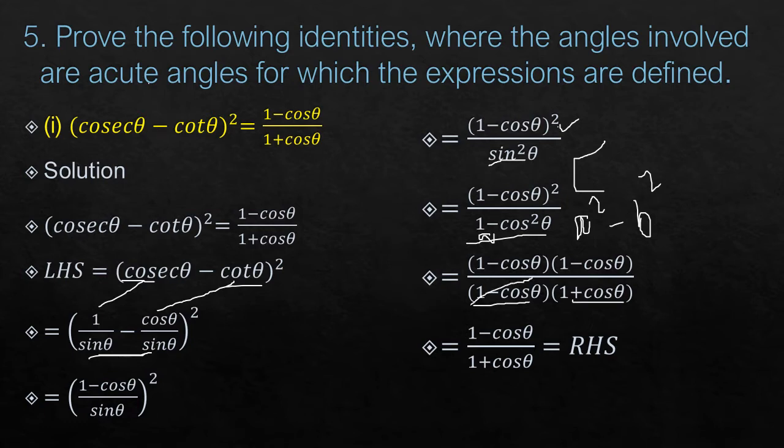So 1 minus cos theta and 1 minus cos theta cancel down. So you get what you need, that is (1 minus cos theta) upon (1 plus cos theta), which is equal to your RHS. Right, students? So in the last you can write LHS is equal to RHS, hence proved. Okay, understood? Move to the second.